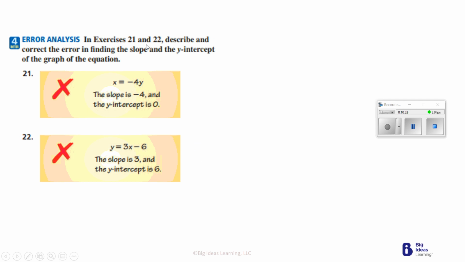21 says in exercises 21 and 22, describe and correct the error in finding the slope and y-intercept. It said if they have x equals negative 4y, the slope is negative 4 and the y-intercept is 0. This is incorrect. First of all, if I have x equals negative 4y, I need to get rid of this negative 4, right?